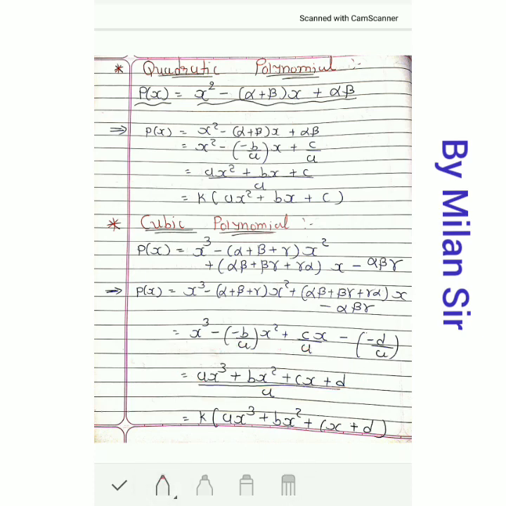Again, I can write the denominator separately, and I am taking 1 by a is equal to another constant k. Okay, so I am writing k in bracket ax cube plus bx square plus cx plus d, and this is the standard form of cubic polynomial.